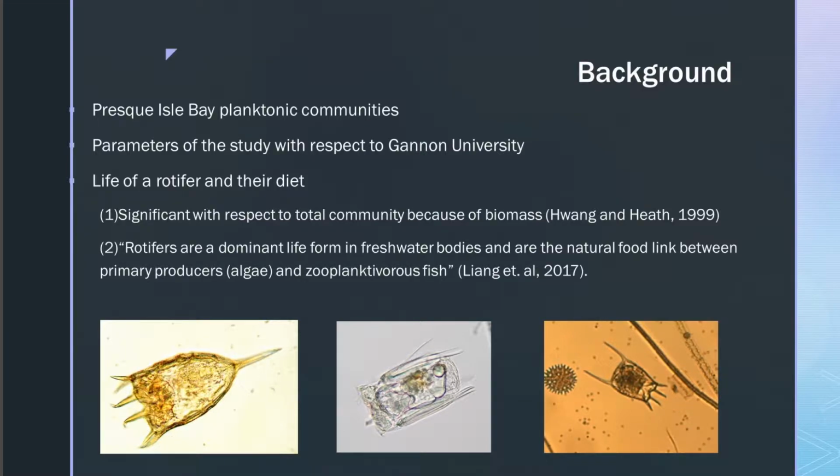They are dominant because they are the link between the primary producers, the algae, and the bacteria, which aren't primary producers, and the zooplanktivorous fish, as well as the predatory zooplankton, such as Leptodora, the copepods, Daphnia, etc.